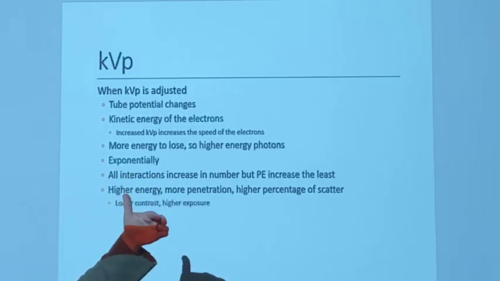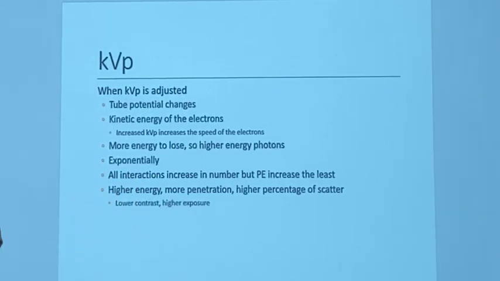We're going to have a very high energy X-ray photon, as opposed to if it loses very little of its energy, we're going to have a low energy X-ray photon. So as KVP increases, we've got an increase in kinetic energy. We have more energy to lose, and therefore, with more energy to lose, we can create higher energy X-ray photons, right?